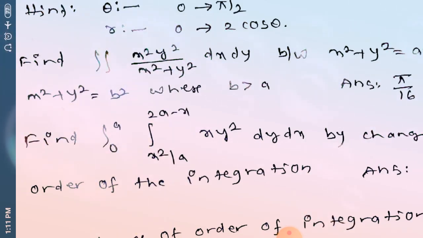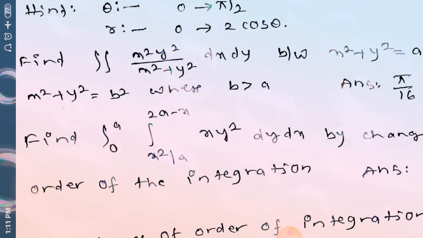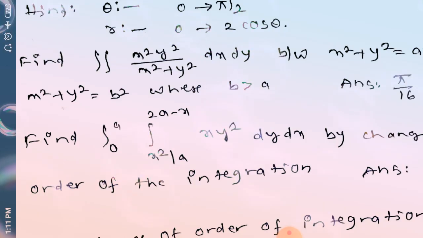So after getting the common area, what is the order now? It is dx dy. So in order to get that value, x limits are now in terms of the y variable. In that case, you are going to construct one strip. The strip, since the x limit is in terms of y, is horizontal, parallel to the x axis.